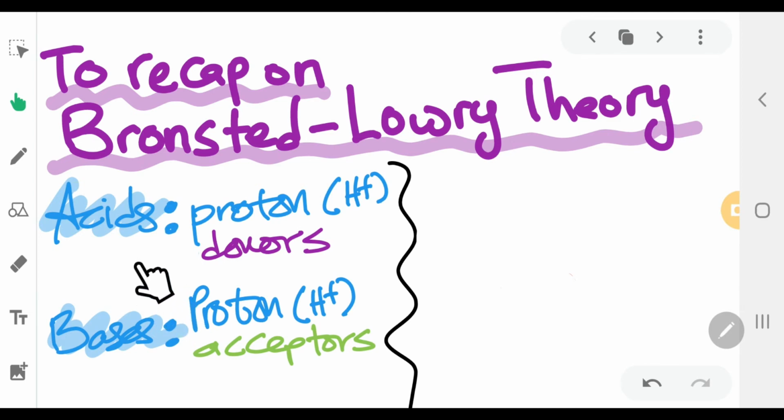We do know that acids, based on this theory, are known as the proton H+ donors, whereas the bases, based on the Bronsted-Lowry theory, are the proton acceptors.